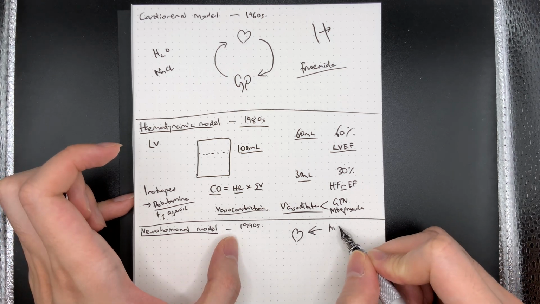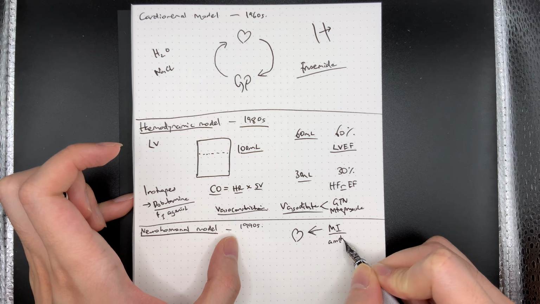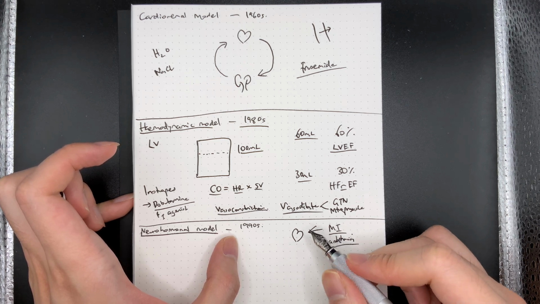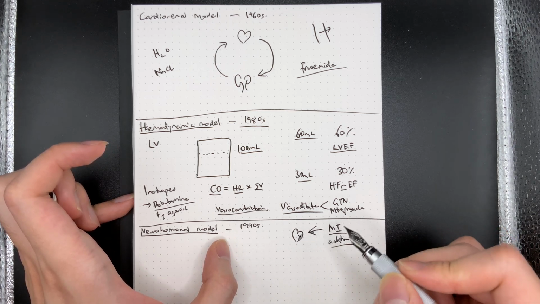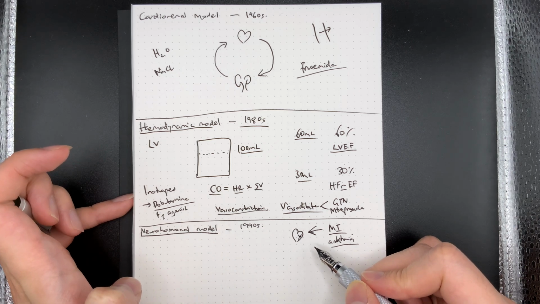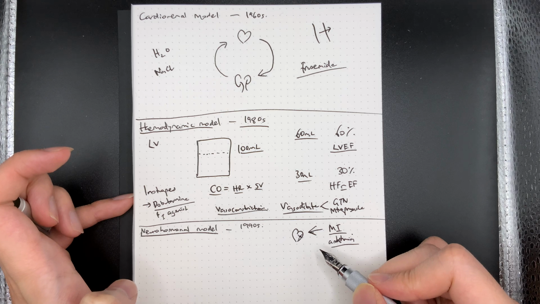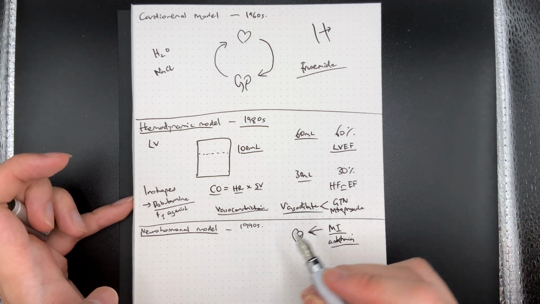Let's say a heart attack, a myocardial infarction, or maybe an arrhythmia. So there's an injury to the heart, and the heart doesn't like that, and the heart tries to recover over time.